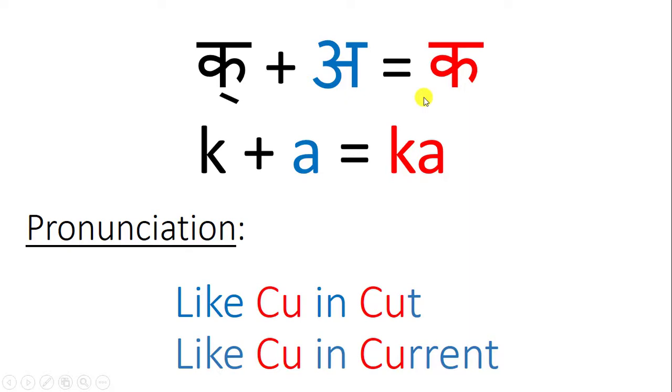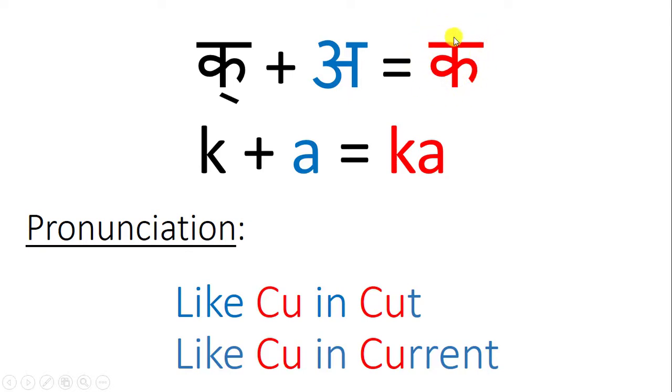K. Alright, and you get this sound when you add K to A. K plus A equal to K. As a new learner of Hindi language, it is enough if you know this sound.